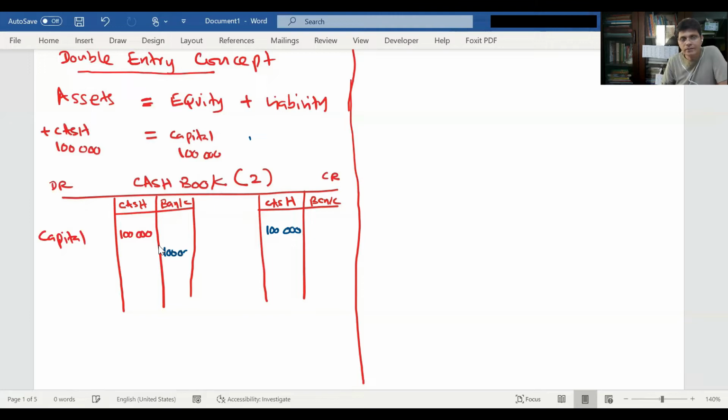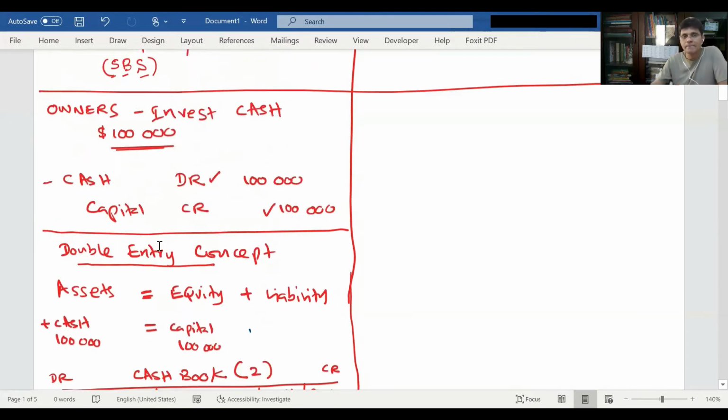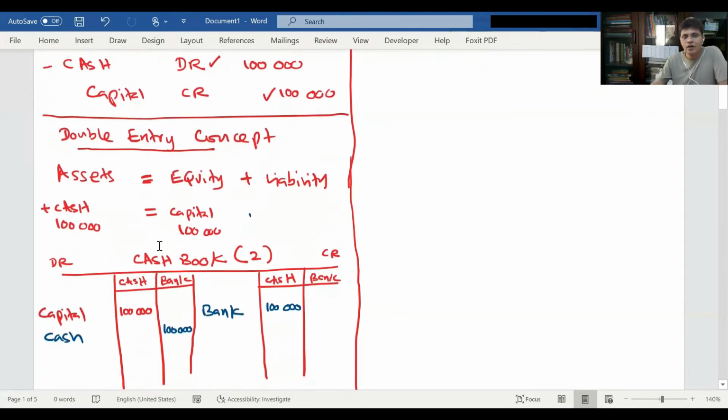It's a contra entry: this is bank, this is cash. This is what the accountant of SBS company will do, because your cash is reducing and another asset, the bank account balance, is increasing.